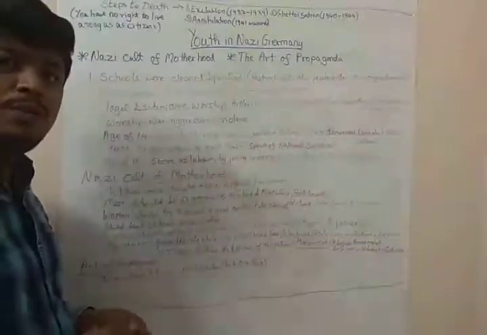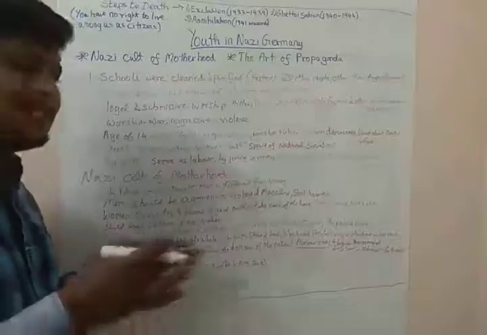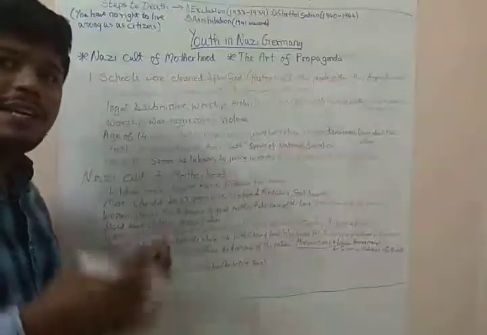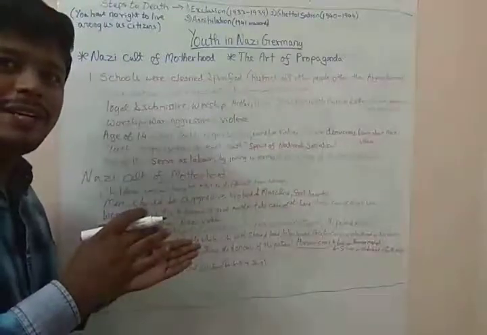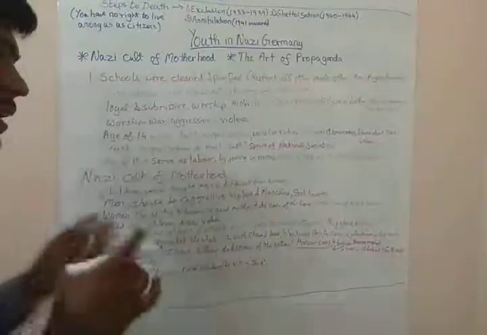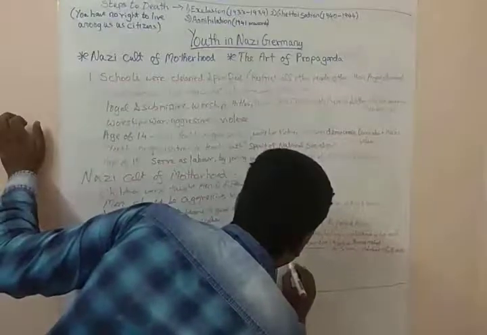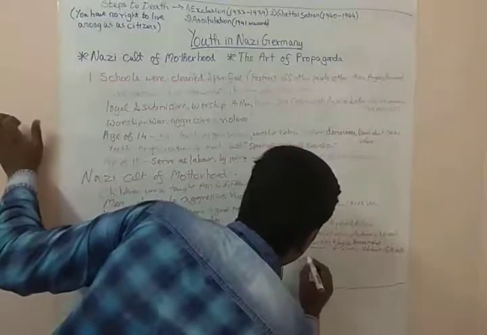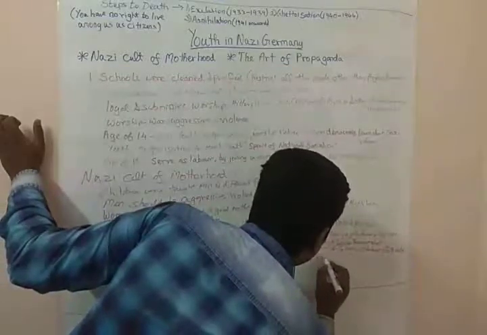And for killing the disabled people. I told you about the disabled people of the First World War in the previous unit. They were killed using the term euthanasia. Right? Euthanasia, for killing the disabled.